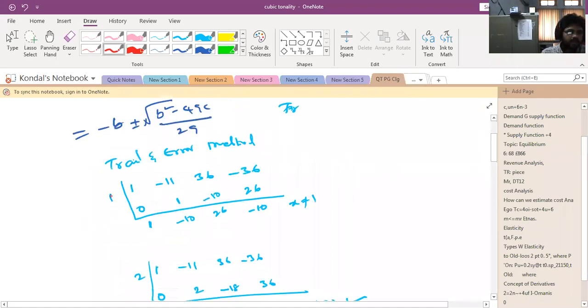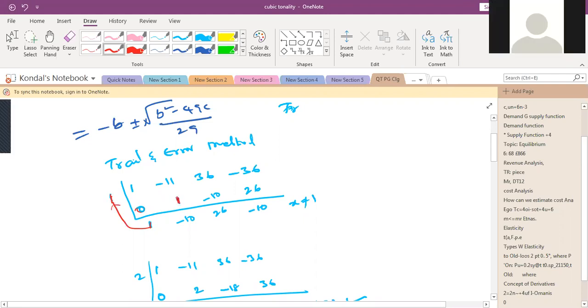So this is a trial and error. I can put 0 the first time. 1 minus 0, how much will we get? 1. Then multiply 1 with 1, we get 1. So minus 11 plus 1, when you subtract, we get minus 10.